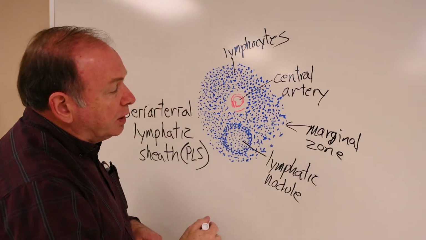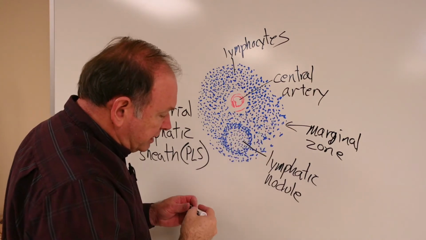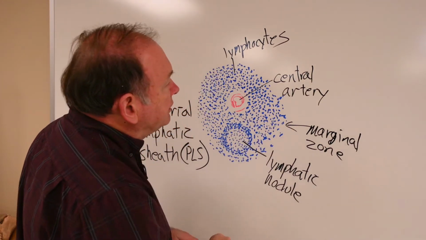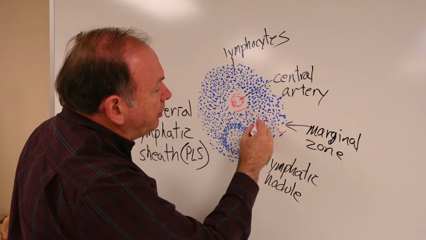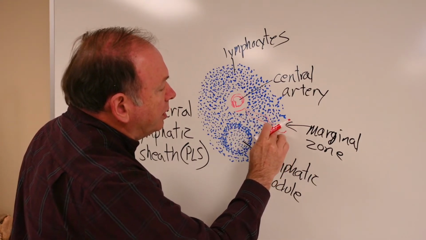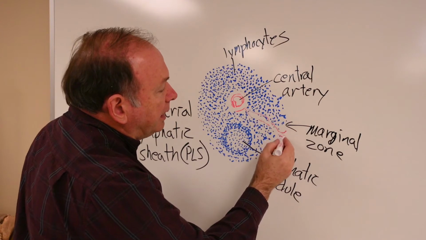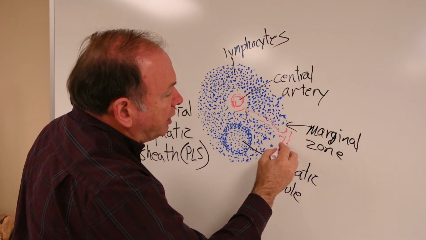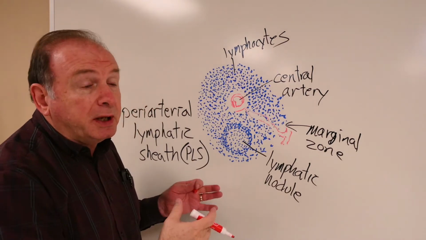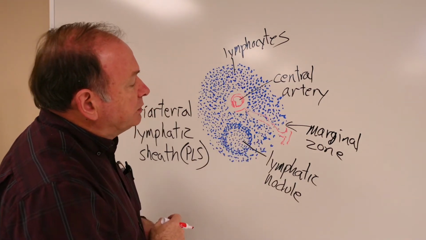Sometimes vessels will extend from the central artery on through here and dump their blood into vessels of the red pulp, some of those splenic sinus vessels.